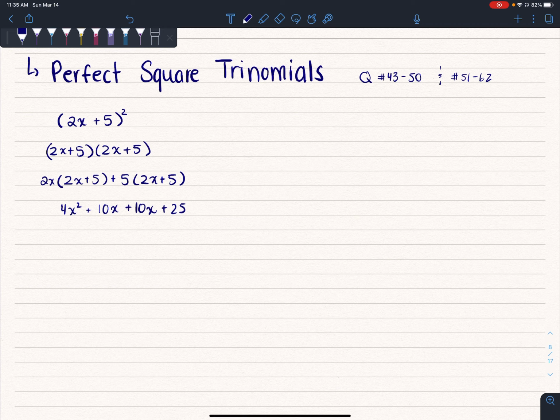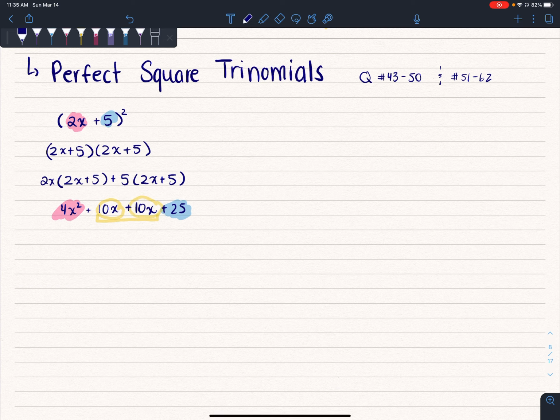At this point, you'll realize that the first term we ended up with is exactly the first term we started with, squared. The 2 got squared and gave us 4, the x got squared and gave us x squared. And at the back end, we have our last term, the 5, and that got squared and gave us 25. Then this middle component, I'll start color coding these, we have two 10x's.